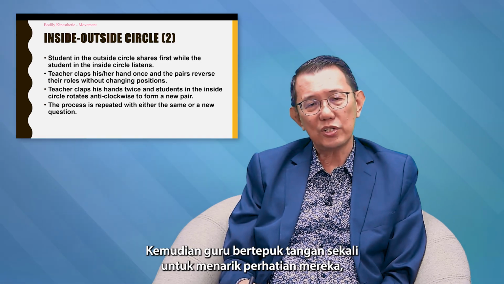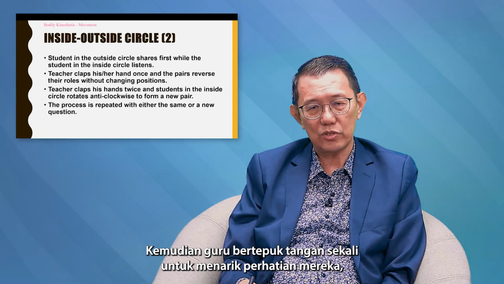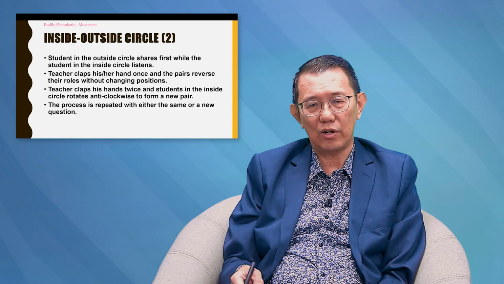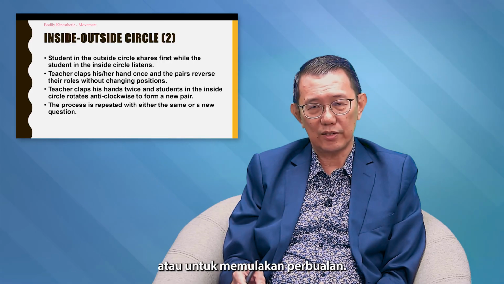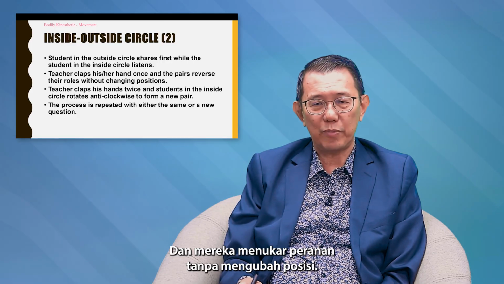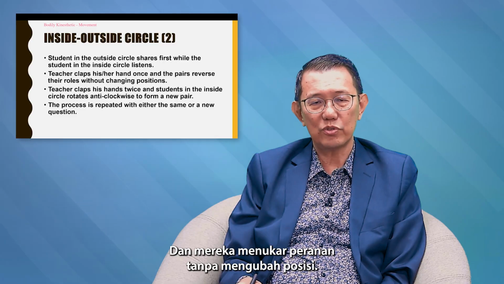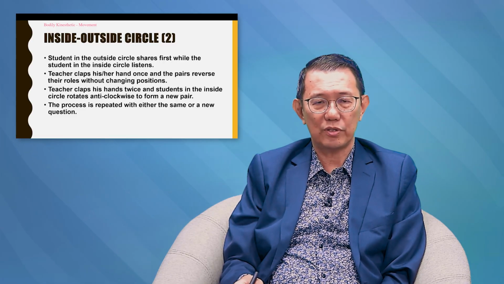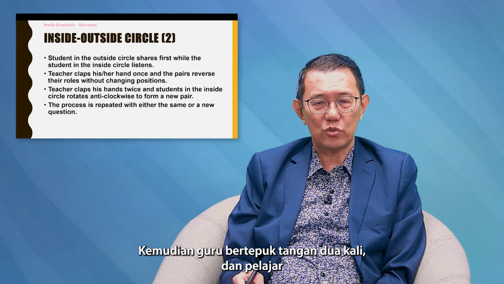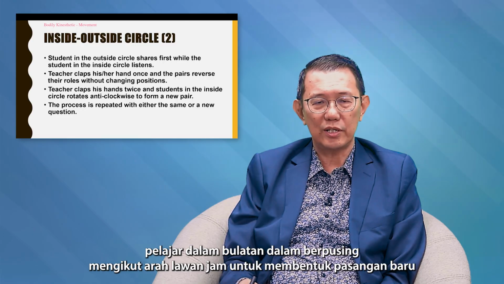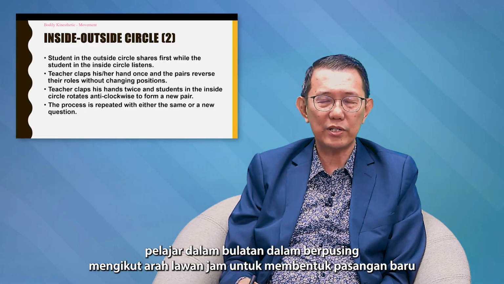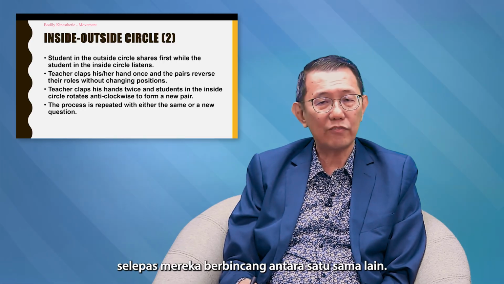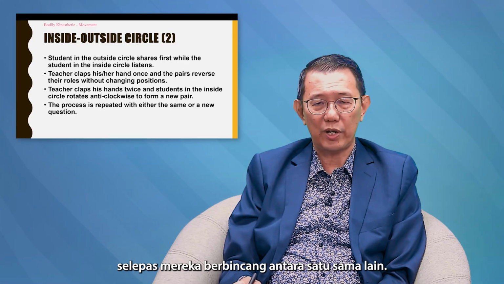Now then the teacher claps her hand once to get their attention or to start the conversation. And the pairs then reverse their roles without changing positions. The teacher then claps his hand twice, and the students in the inside circle rotate anti-clockwise to form a new pair after they have discussed with one another.